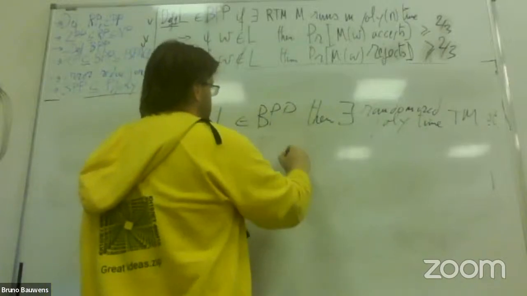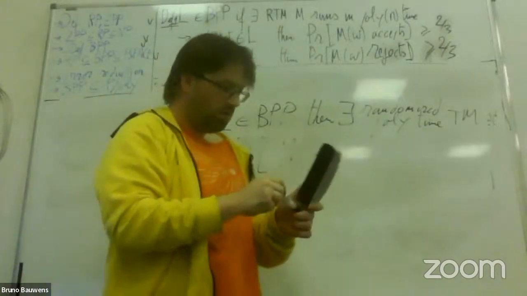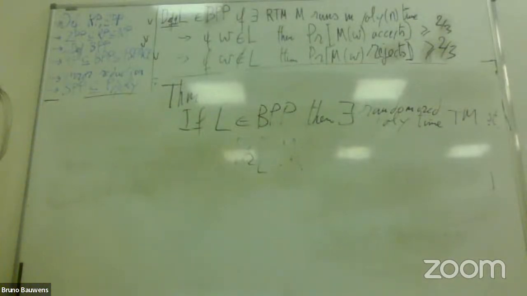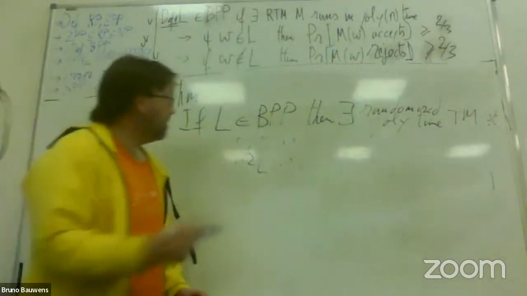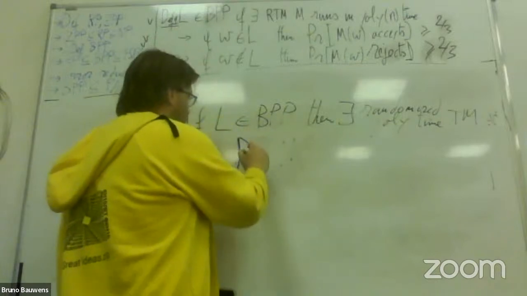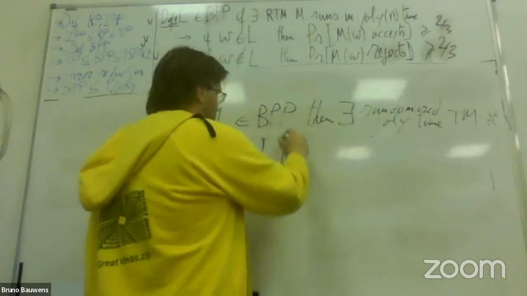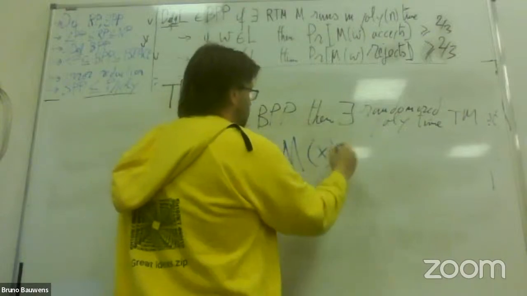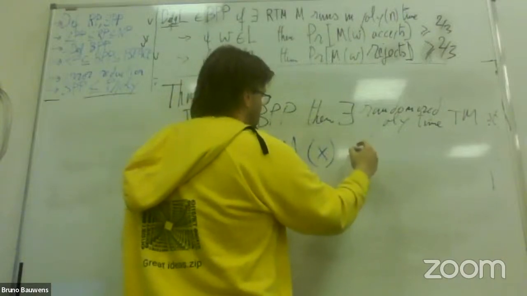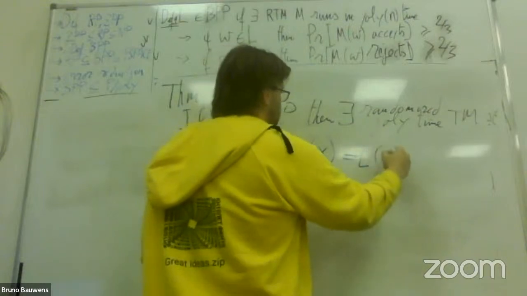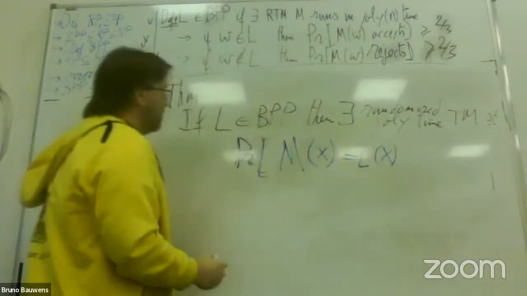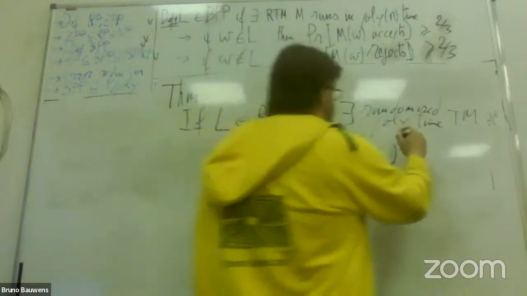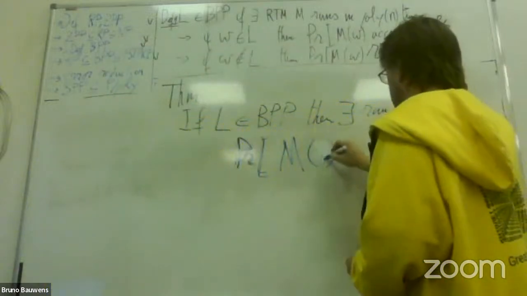such that the probability that the machine is wrong, the probability that M of x equals L of x, is bigger.